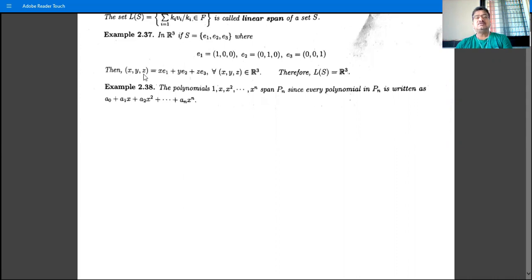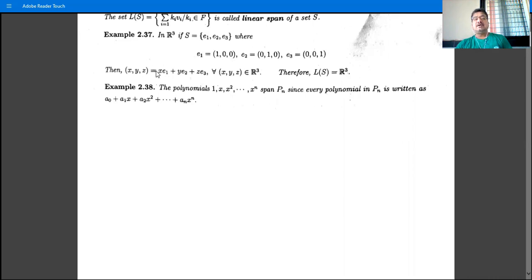Then any (x, y, z), any element of R3, that is, for all (x, y, z) belonging to R3, can be expressed in the form x times E1, meaning x times (1, 0, 0), plus y times (0, 1, 0), plus z times (0, 0, 1). So we can express this (x, y, z) very simply.